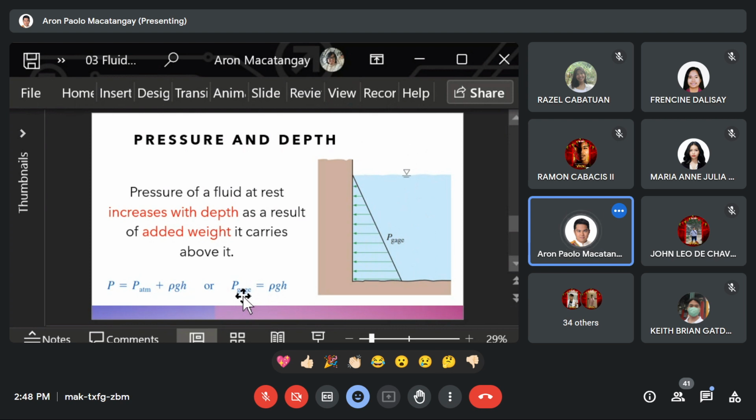So, when using it in problems, you have to convert it again sa P absolute, and you do that by simply adding the P atmospheric. So actually, P absolute is basically P atmospheric plus rho gh, because rho gh is just the gauge pressure with reference to the free surface ng water. Okay? Questions about this?